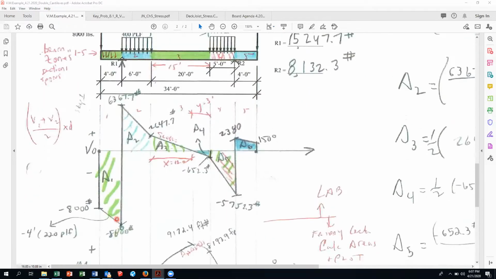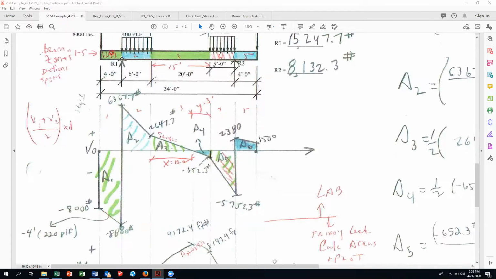So I could ask you, what is the value of the shear 2 feet away from the left end of the beam? In other words, what's the value of the shear here? Now, over 4 feet, it's going to drop 4 feet times 220 PLF. So over 2 feet, it's going to drop 2 times 220 pounds per foot for a total of 440.